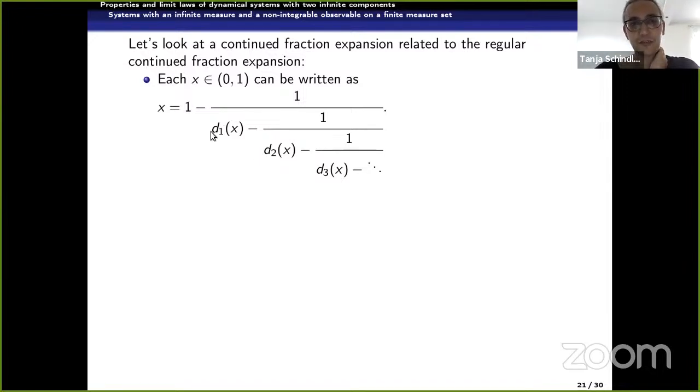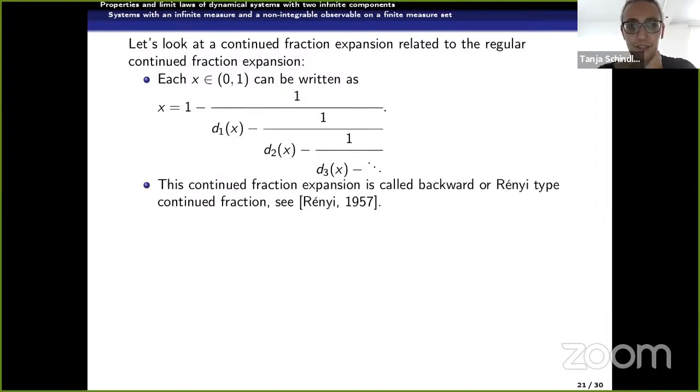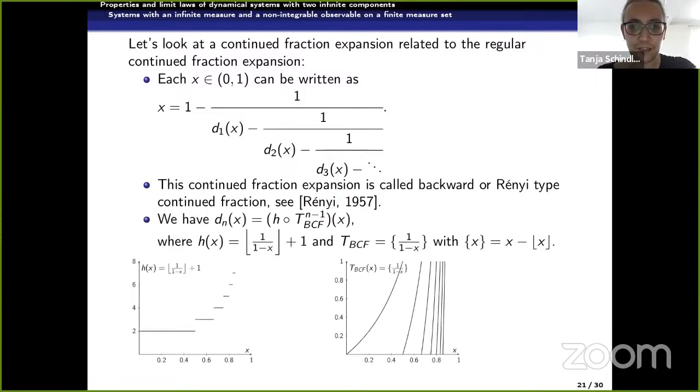In the regular continued fraction expansion, we would always have a plus here. But now we basically have a minus. This is the only difference we have in this system. However, this small difference might mean a large difference for the behavior of this type of continued fraction entries. And I just want to say these continued fractions were first studied by Renyi. So they are also quite an old object of study.